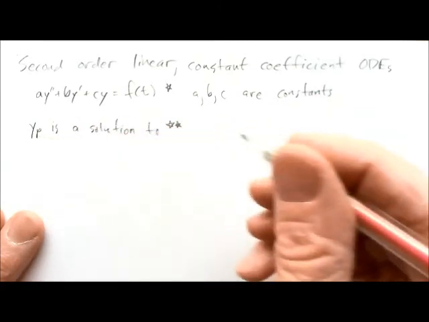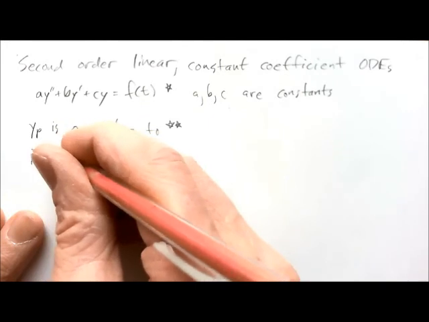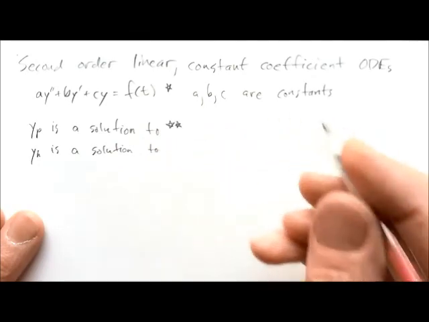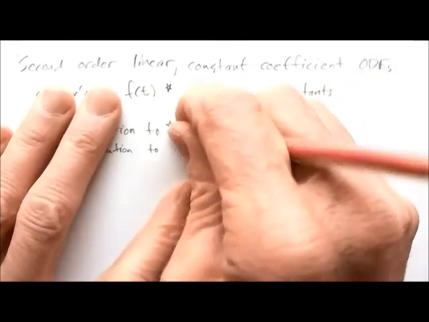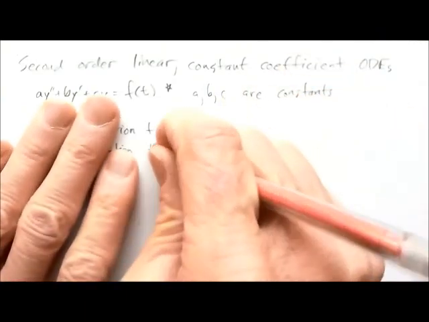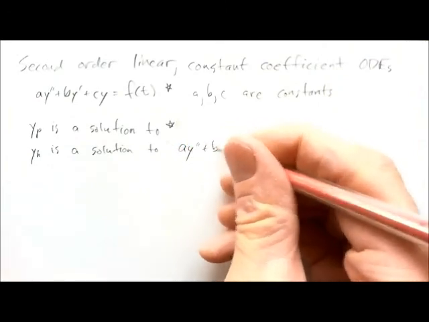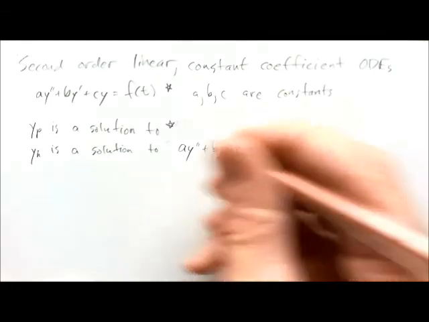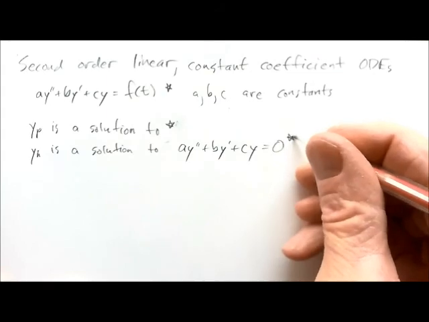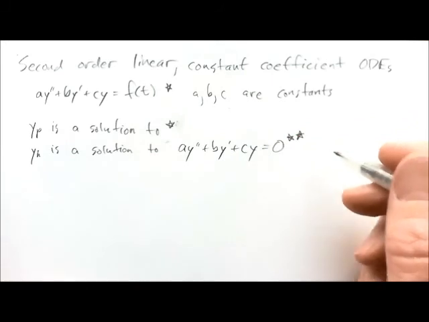And let's say that y sub h, and h is going to stand for homogeneous, is a solution to this equation, ay double prime plus by prime plus cy, looking just like that, but homogeneous, so the right-hand side will be 0 rather than f of t. We'll call this equation double star.